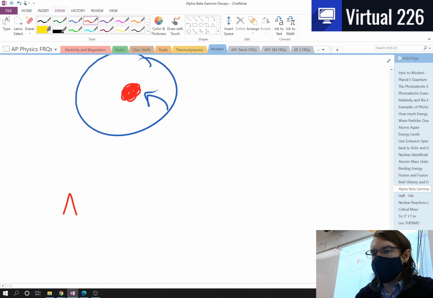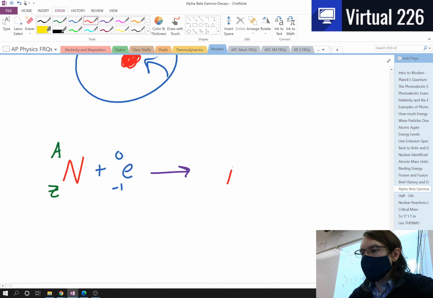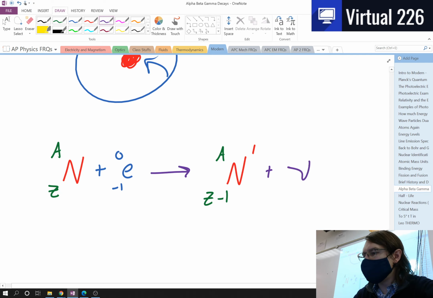We're going to have some initial element of some Z and A. What we're going to do to it is add an electron, which, as you recall, is -1 and 0. This will yield a new element of Z minus 1 and A, but we're also going to get out of it a neutrino.